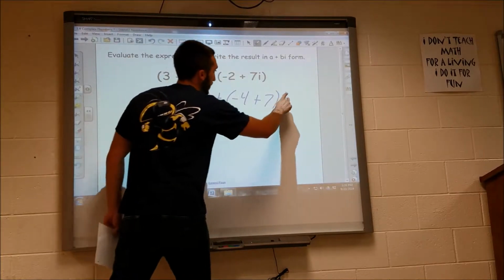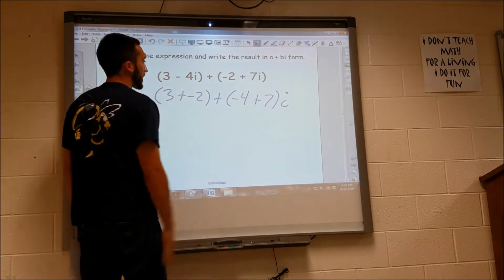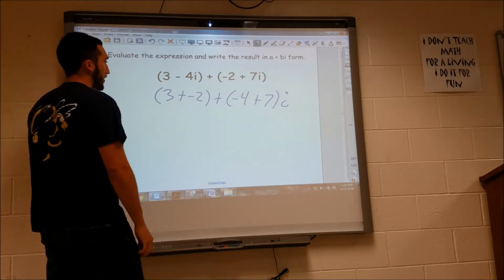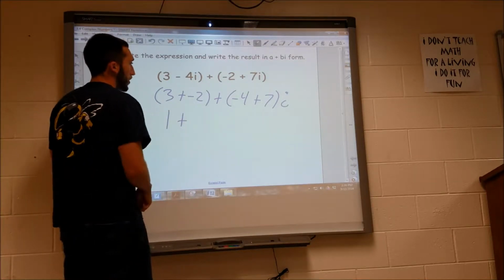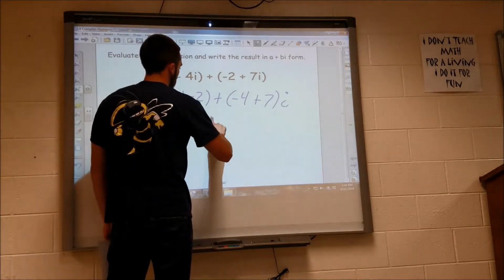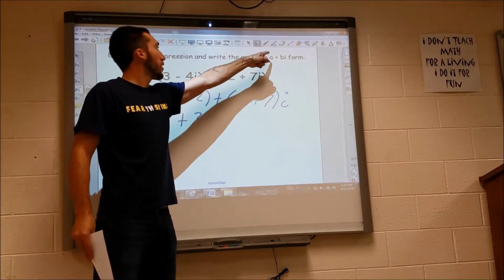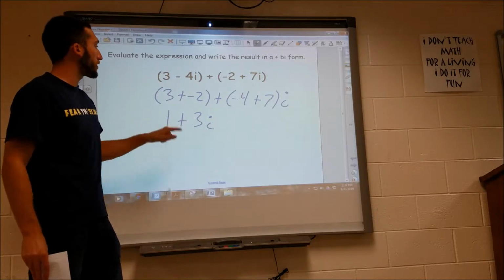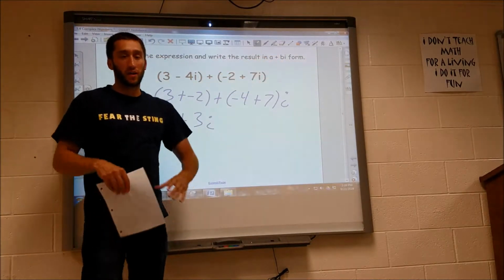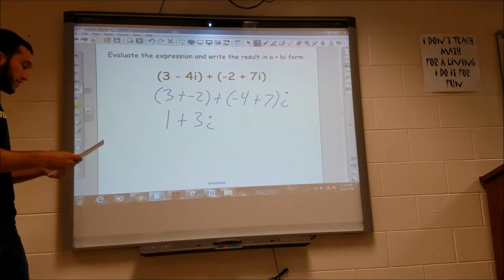So we just add the numbers in front of the i together, and add the real numbers together. We end up with 1 plus 3i. And this is written in a plus bi form, where our real number comes first, and then our imaginary number comes second, the one in front of our i.